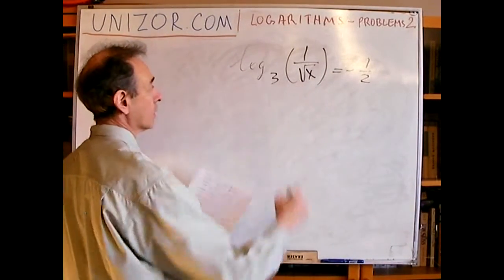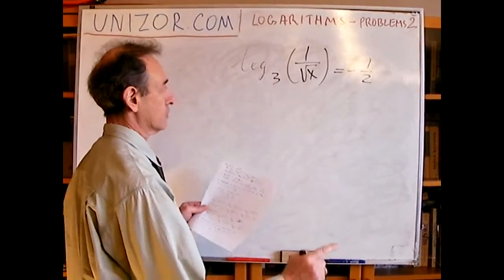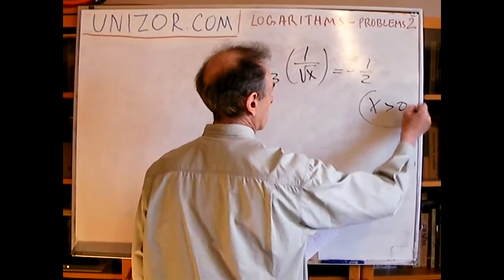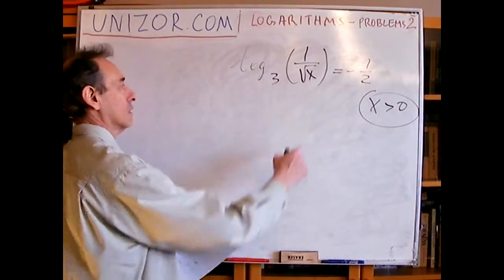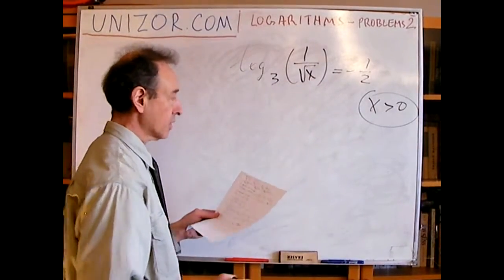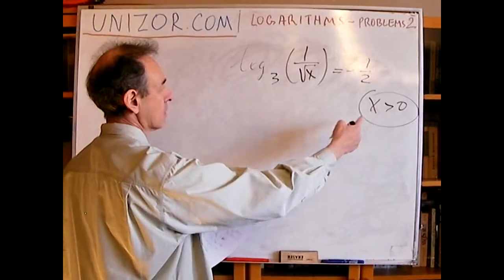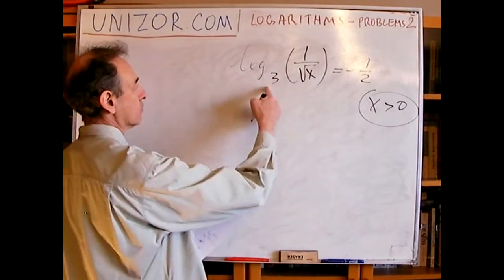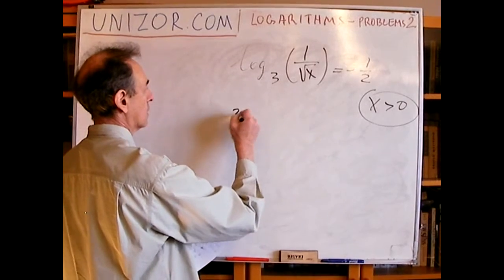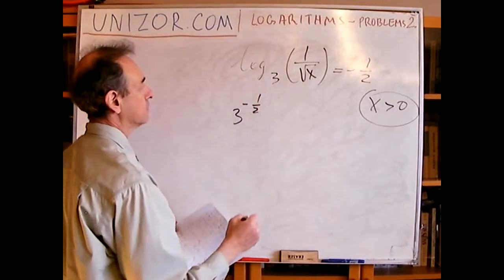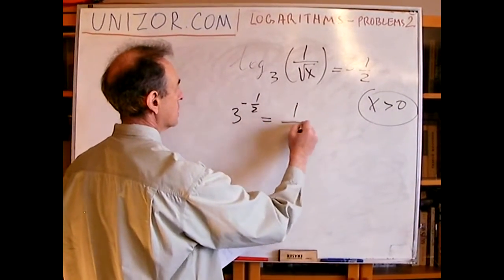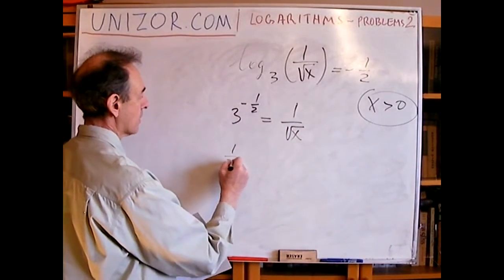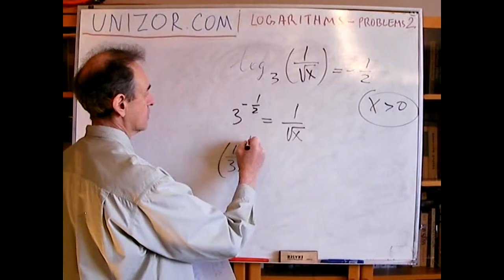By the way, just looking at this equation, you already have to understand that x is supposed to be greater than 0, because otherwise the square root would not exist, and then 1 over square root prohibits x equals 0. All right, so 3 to the power of minus 1/2 is supposed to be equal to this. Now, this is 1/3 to the power 1/2.